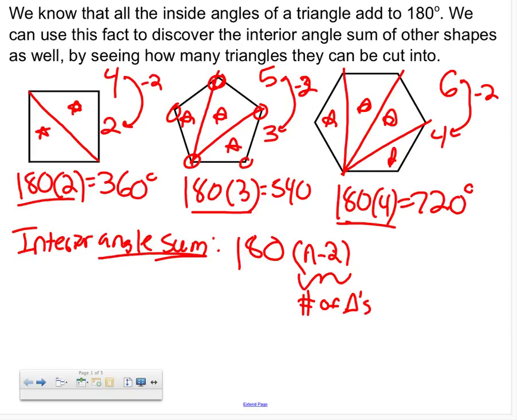So how do we use this? Well, architecture, anything that deals with construction, can use this every now and then. If you're designing a building in a hexagonal shape, and you know the angles need to be a certain way, if you've made 5 of the 6 angles one way, you can figure out by the math here how big that 6th angle will be, because it's based on the other 5.